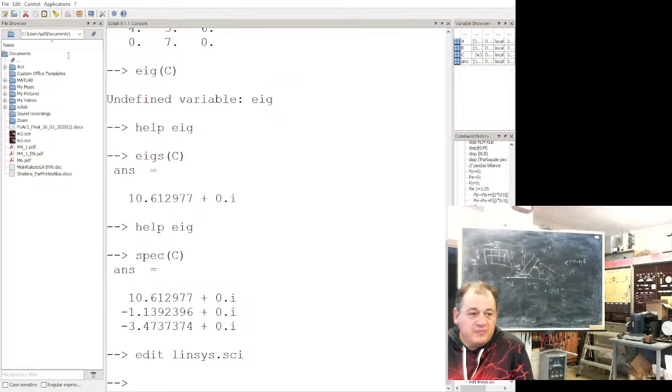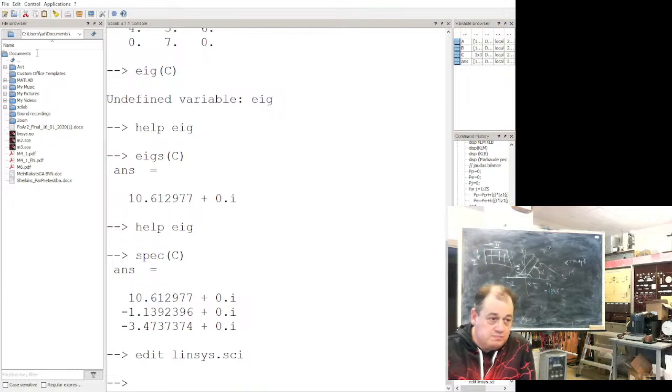Here I have linear system SCI, an empty sheet. What's the meaning of 2 slashes? Comment. It shows in green.